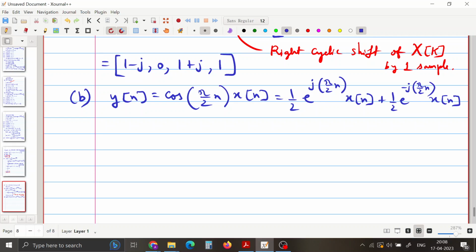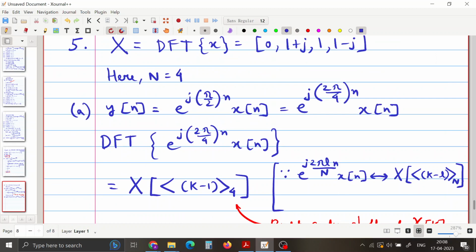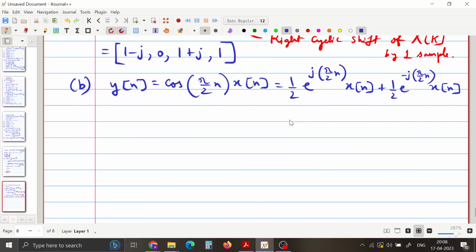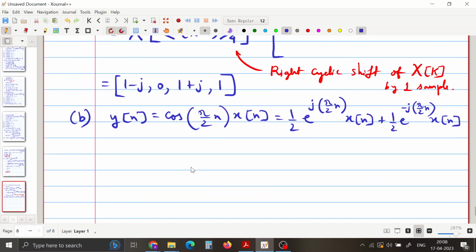And again, like in the previous part, we moved from e power j pi by 2 n to e power j 2 pi by cap N, that form, 2 pi by 4 times n, so that we are in the desired form before using the property.